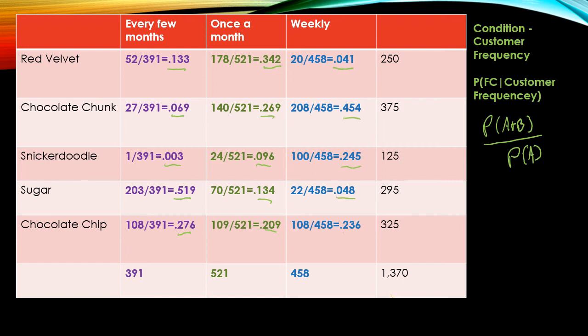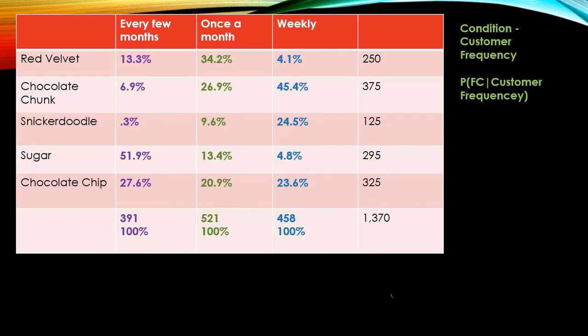Now these probabilities tell us that given the customer frequency, what is their favorite cookie? And because percents are a little easier to work with, the next slide we're going to change all of these probabilities to percents. So let's take a look and see what our data pulled up.